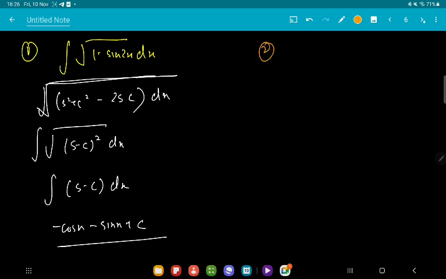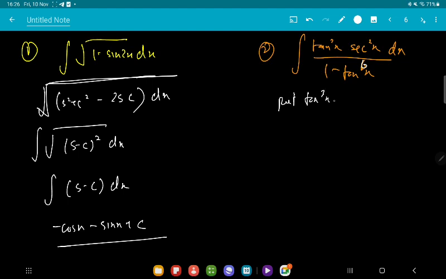Alrighty. Integration of tan square x sec square x divided by 1 minus tan to the power 6x dx. How do you like to solve this one? So for this, let's put tan cube x as t, because here tan square is given, that's why.